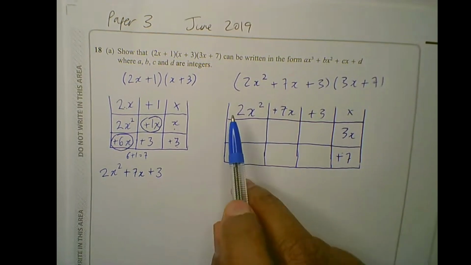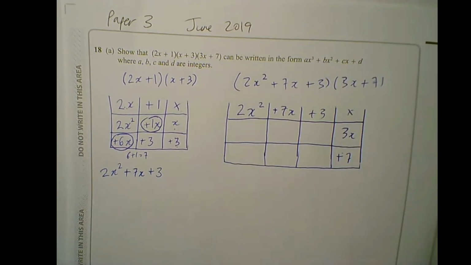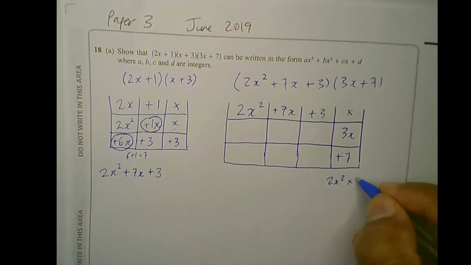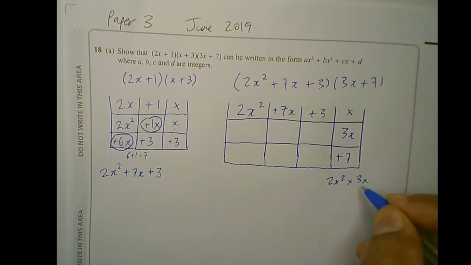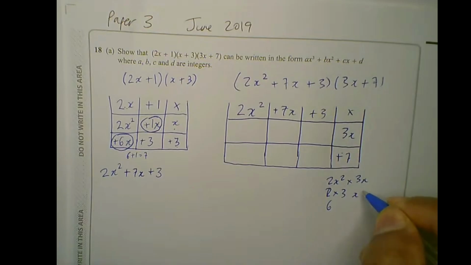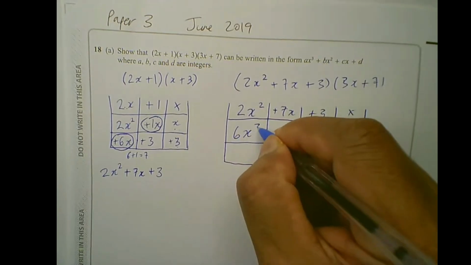So similar to before, I'm now doing 2x squared times 3x. 2 times 3 gives me 6. x squared times x gives me x cubed. So 6x cubed.